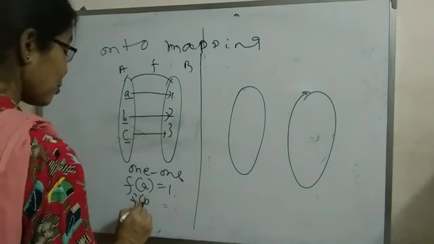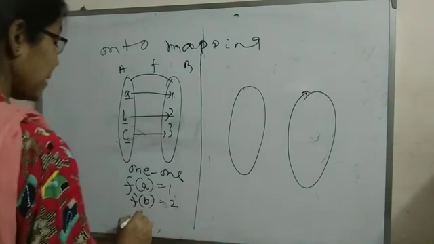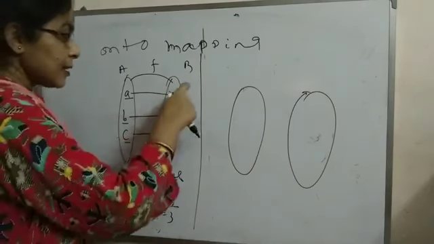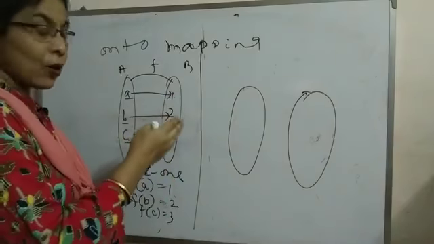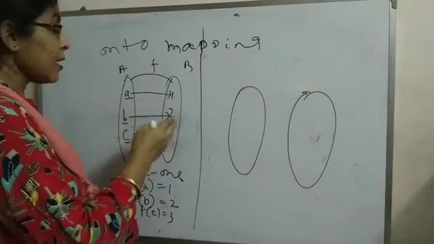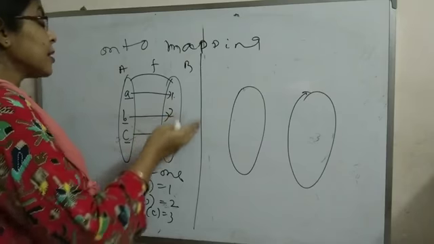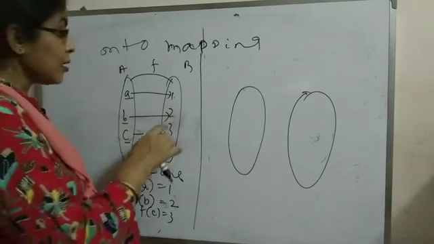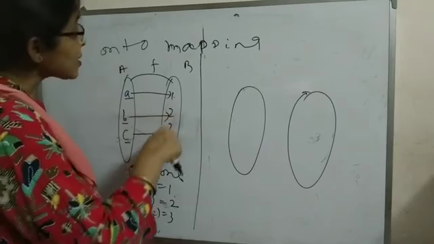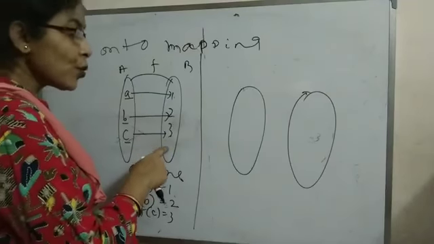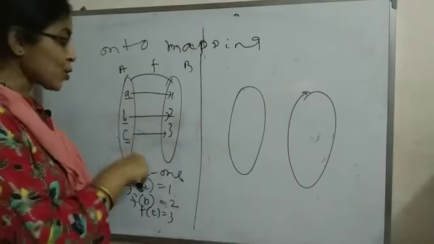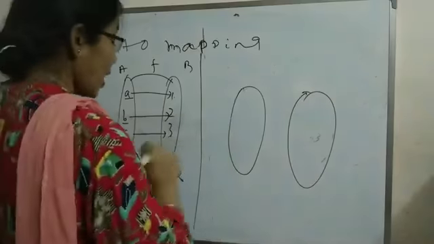Every element of B has a unique preimage in A. So it is onto mapping. There is no extra element in B which has no preimage in A. So it is one-one onto.